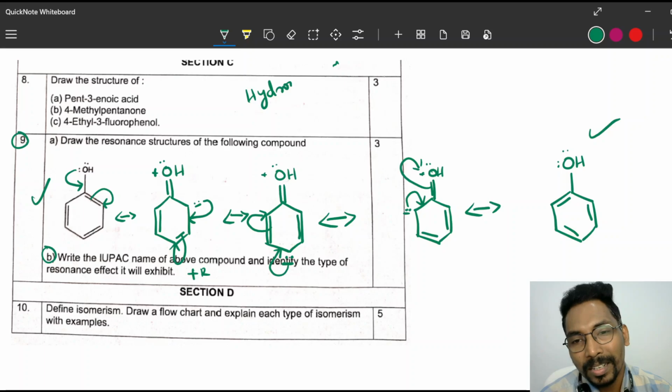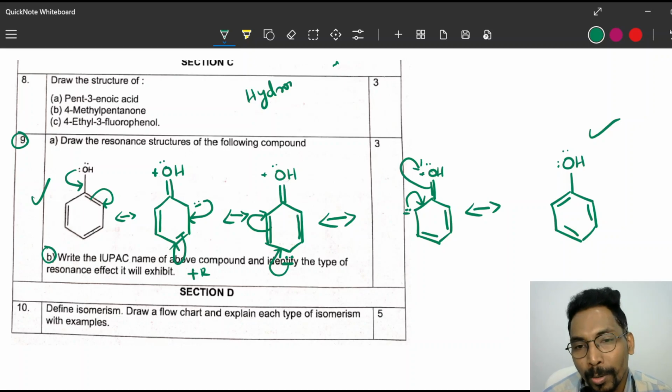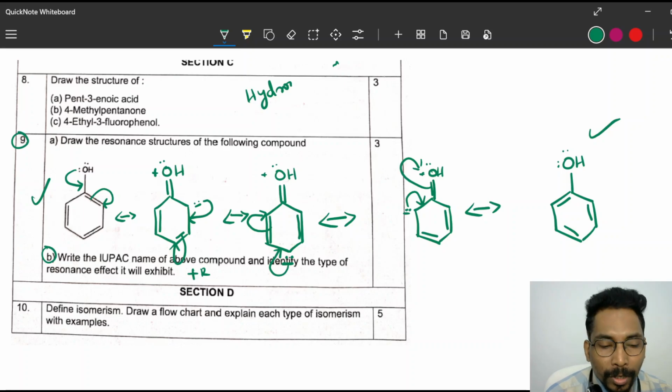Okay, that's called the resonance. That will make that molecule more stable. Okay, clear? Yes, good. So that's about this one. It's a very important question. You have to practice in your notebook. Okay, separately for this one.